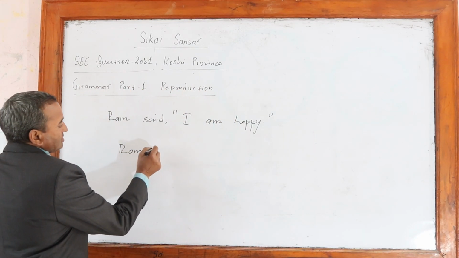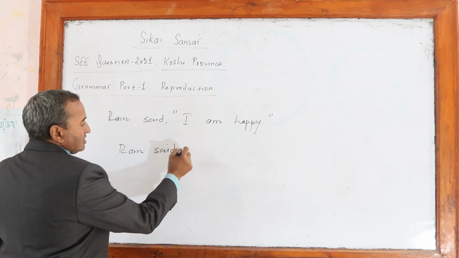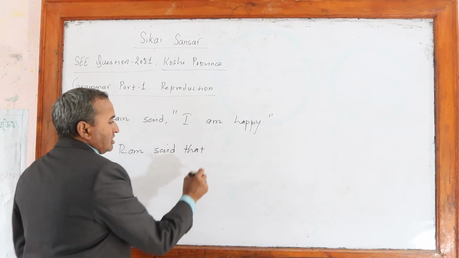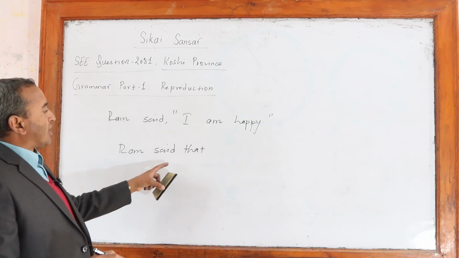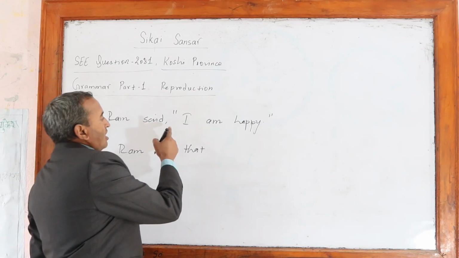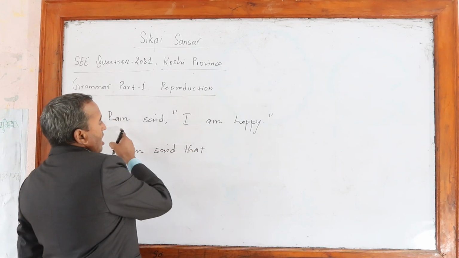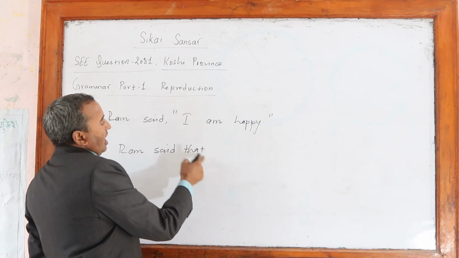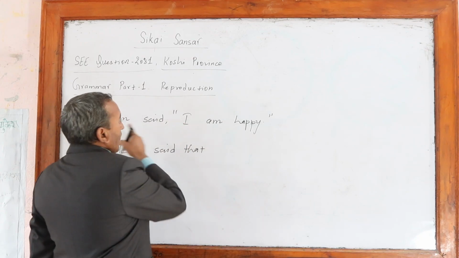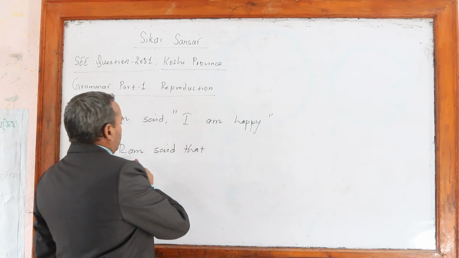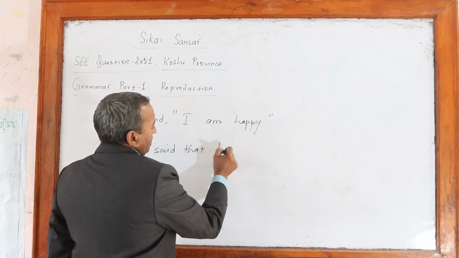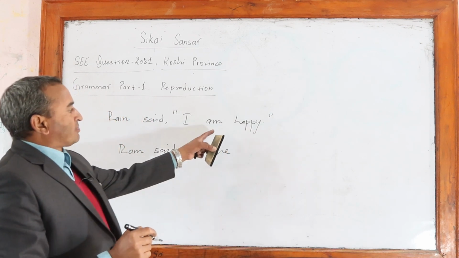Ram said that. That is the joining word. I means who? Ram. Ram said I, but we say he. So Ram said that he. And then what is the past form of am?